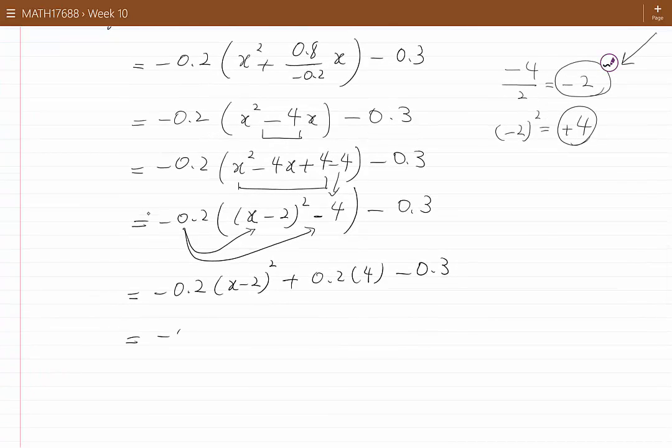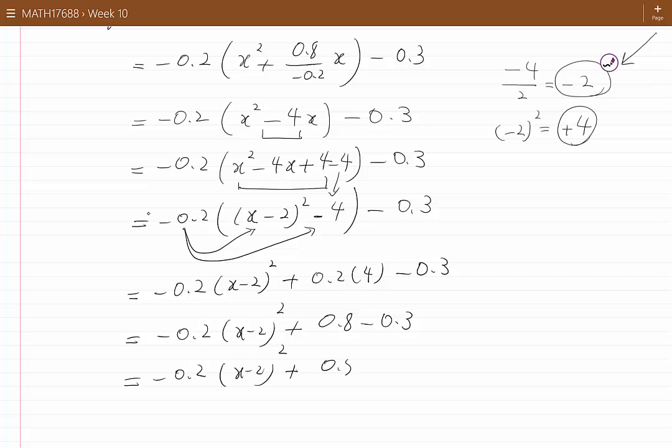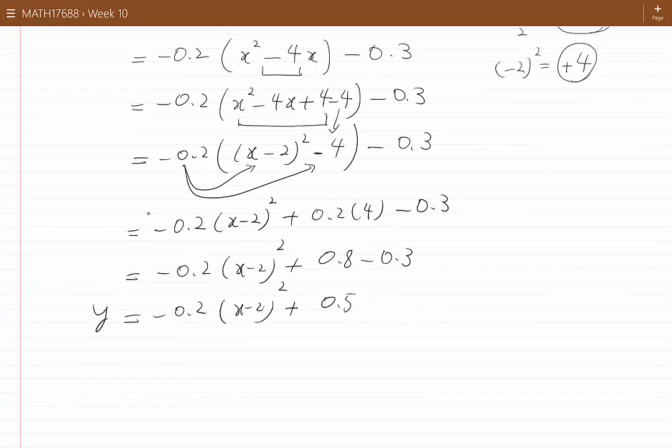This is minus 0.2 (x minus 2) squared plus 0.8 minus 0.3, and that is 0.5. This is the quadratic function in standard form.